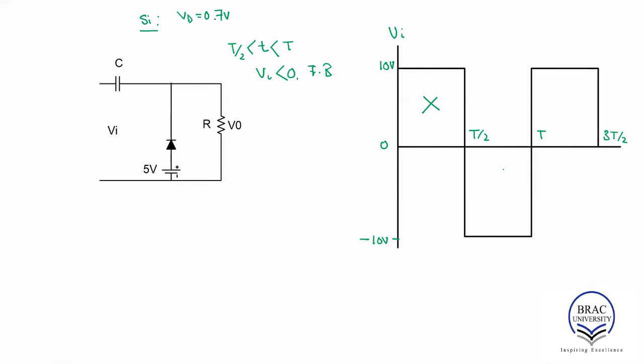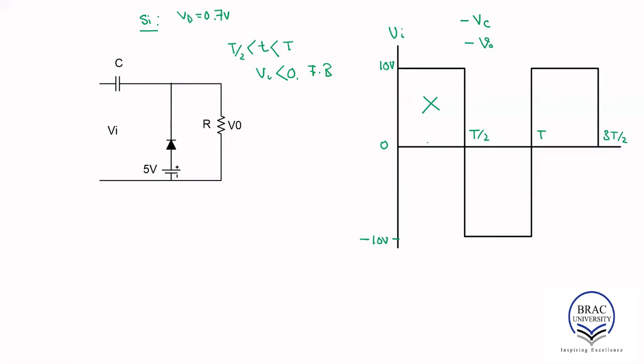At first, for the negative half cycle, and then for the positive half cycle. In each cycle, we're going to determine two things. Number one, the voltage across the capacitor, and then V0, the output voltage.